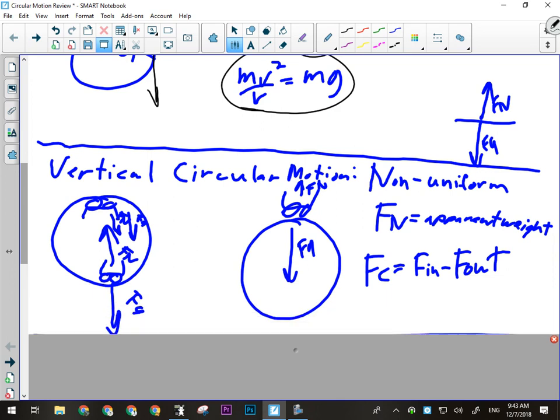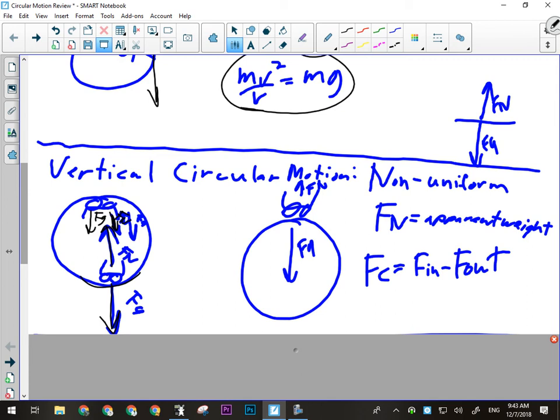So here's all the situations we dealt with. At the bottom of the vertical circle, gravity acts down. Well, it always acts down, but in this case it's out. And normal force, or if it's a mass on a string, tension, is acting back into the middle. If I'm at the top of the vertical circle, then I have the force of gravity acting in, and if I'm going faster than the minimum speed, I would also have normal force acting in, making me feel heavier.